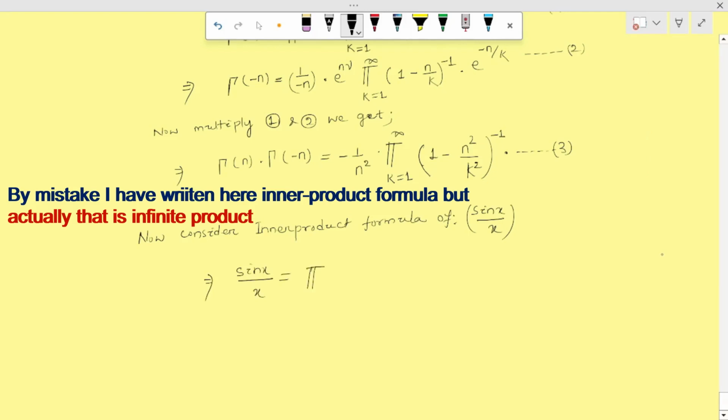Infinite product, starting from n equal to 1 to infinity. So here k is there, no? So it will be better if we consider k equal to 1 to infinity, 1 minus x square by pi square n square.